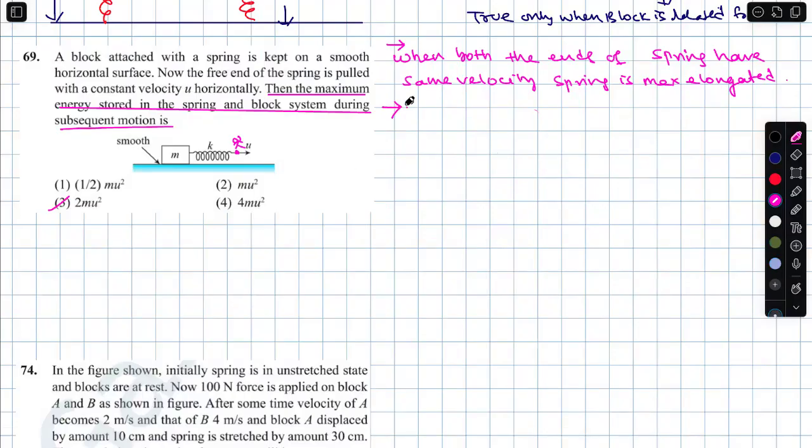Mechanical energy will keep increasing up to the instant when there is a limit, when W_F external is positive.